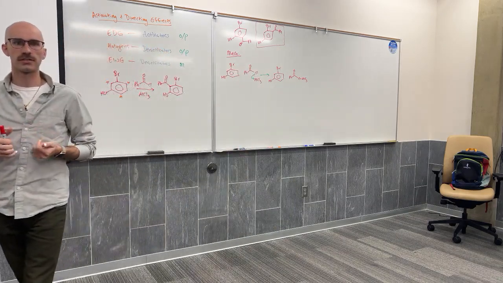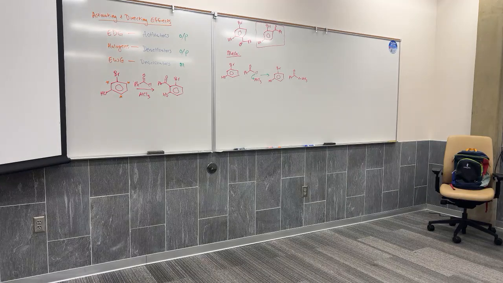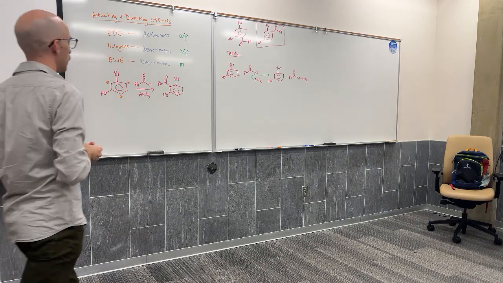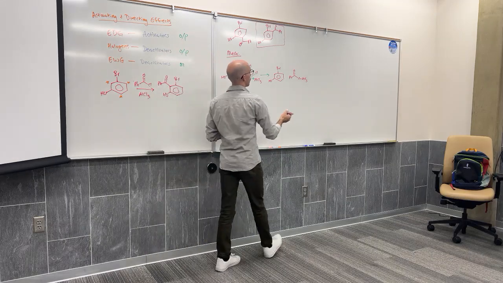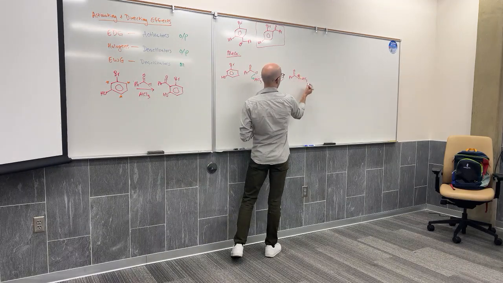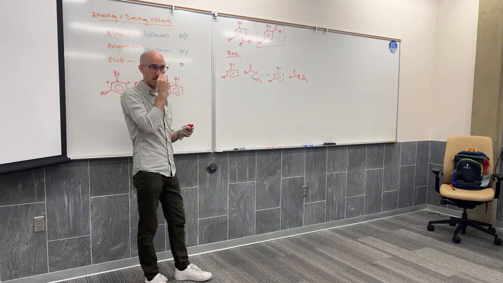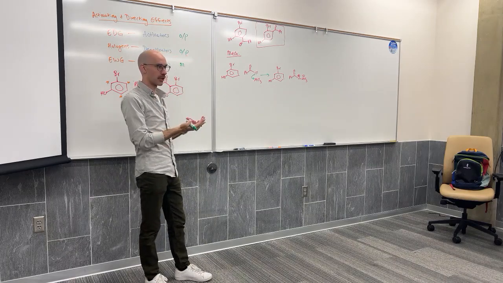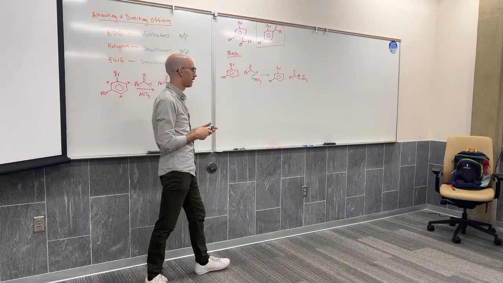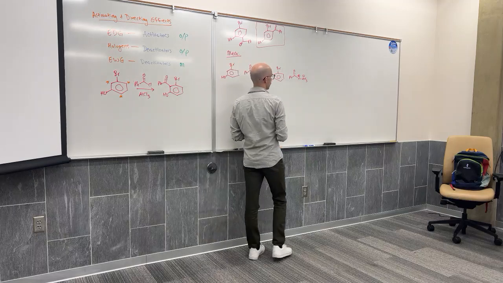What charges does this generate in my reaction? Positive on chlorine, negative on the aluminum. My catalyst is doing its job. It's starting to pull electrons away from my carbonyl.